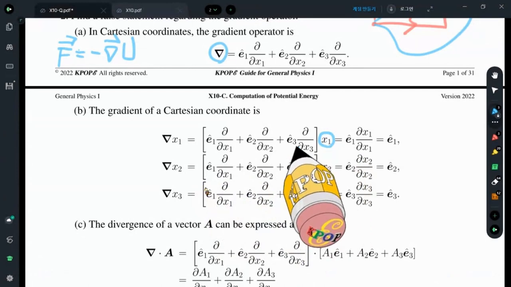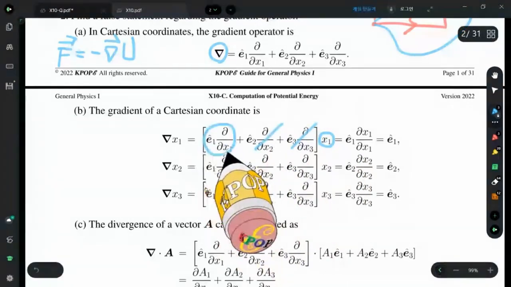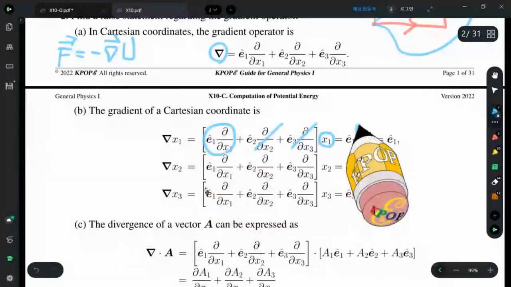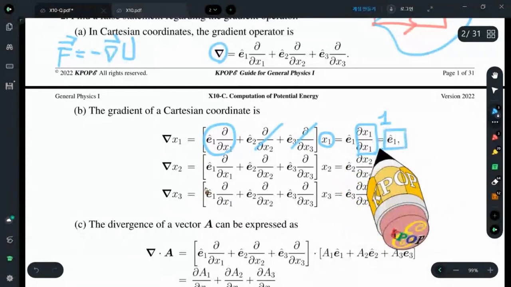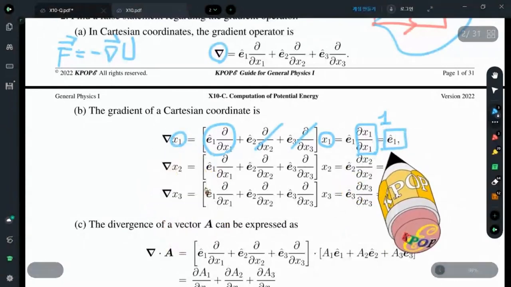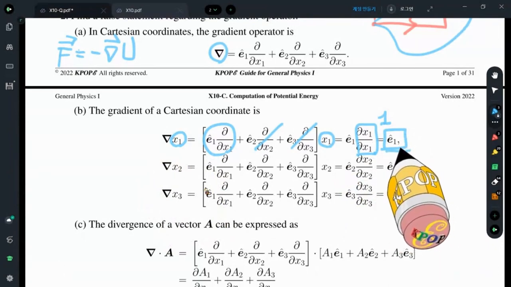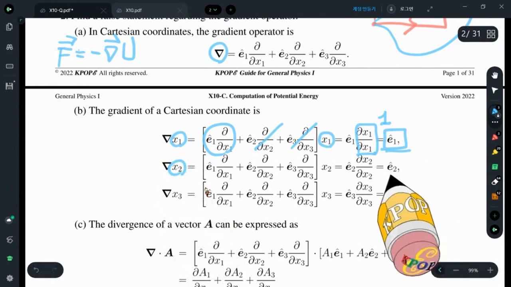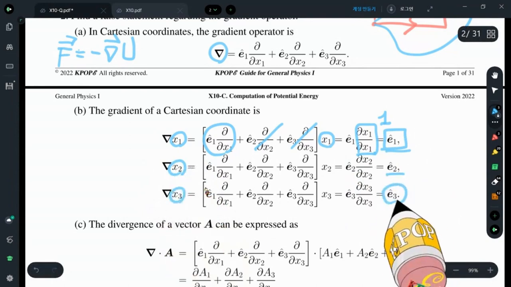If it is the x coordinate, this derivative disappears and only this one survives, and that is a trivial derivative, that is 1. Therefore, the gradient of coordinate x1 is nothing but a unit vector along the x-axis, and likewise a unit vector along the y-axis, and a unit vector along the z-axis.